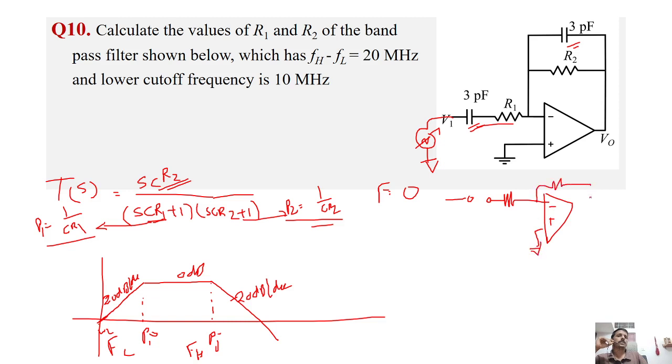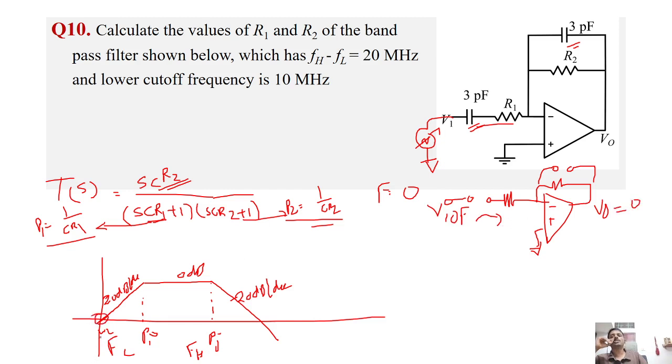There is one resistor here. So V1 at DC, 0 frequency, this will be open. There is no current, there is no input voltage, so V0 will be equal to 0. That's what we have seen here.